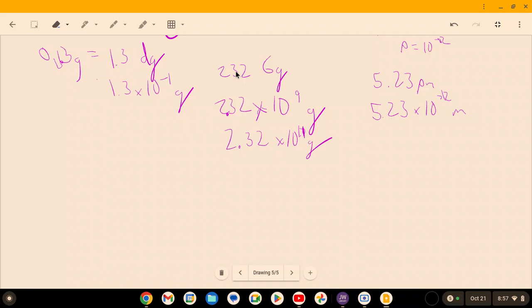I got myself confused there. 86.3 milligrams. That's 86.3 times 10 to the negative 3 grams. And that's 8.63 times 10 to the, it's going to the right, so 10 to the negative 2 grams.